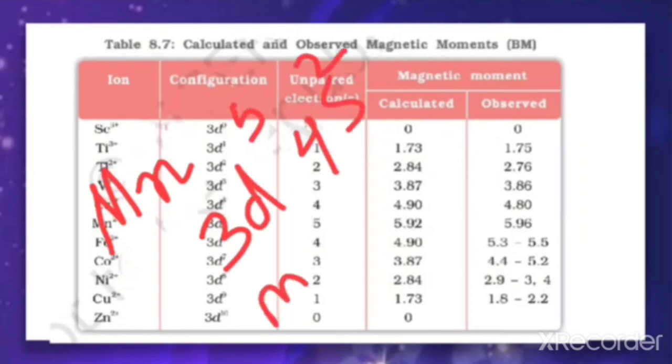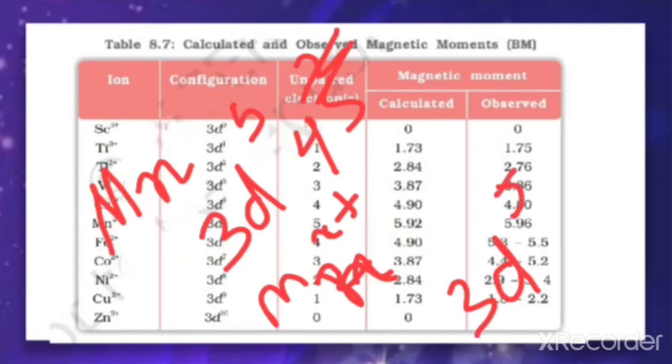How many unpaired electrons does Mn2 plus have? From Mn2 plus, you have to remove the 2 electrons from 4s. So 3d5 is the remaining, that is 5 electrons in d.